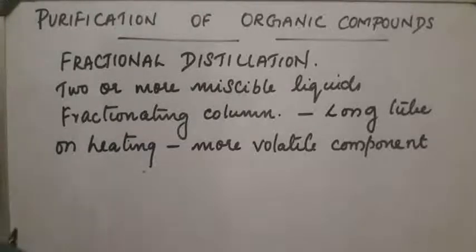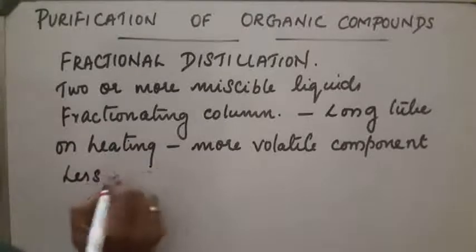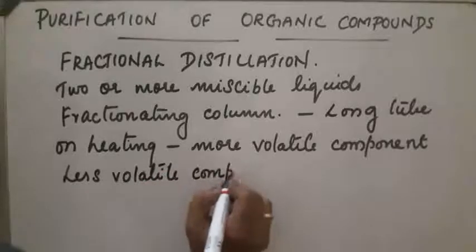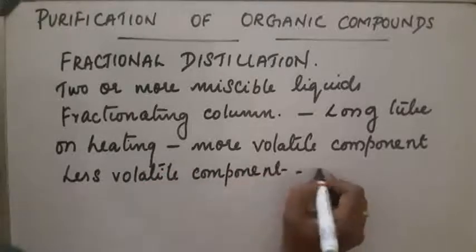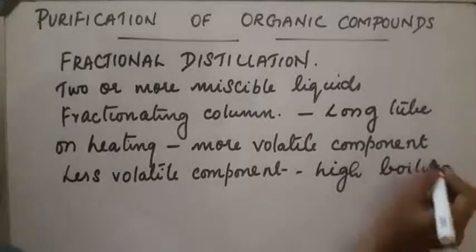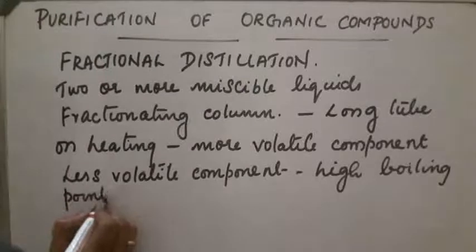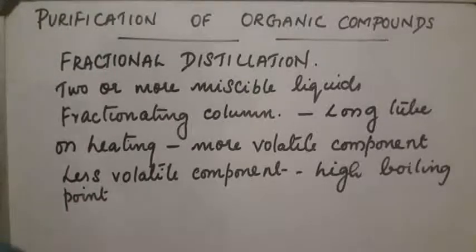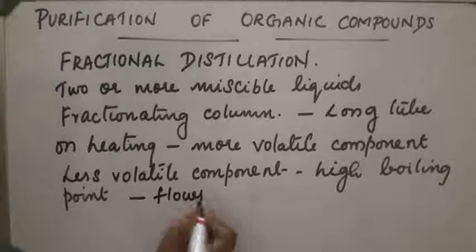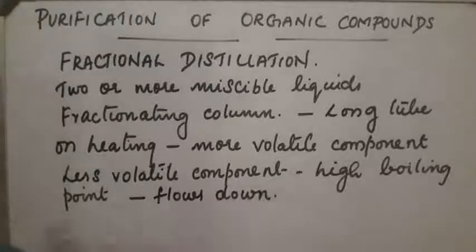Next, the less volatile component, those components having high boiling point, will vaporize and hit the fractionating column, condense and flow down. So, liquids will flow down and the vapors will move up.